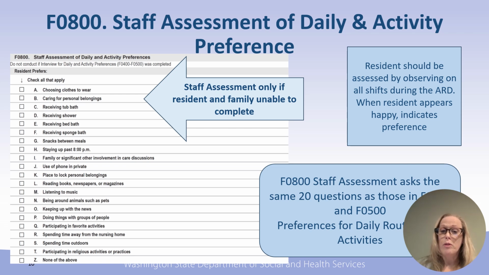If the resident is not able to communicate with the staff, then they would base it on their observations of when the resident appears happy. That would indicate the resident's preferences. The staff assessment asks the same 20 questions that are asked for the resident preferences in daily routines and activities, based on their observations and interactions with the resident during the ARD.